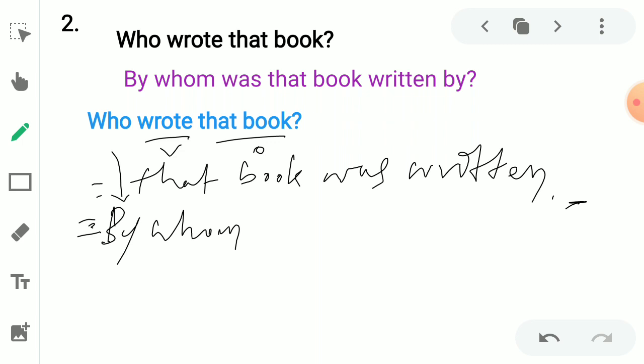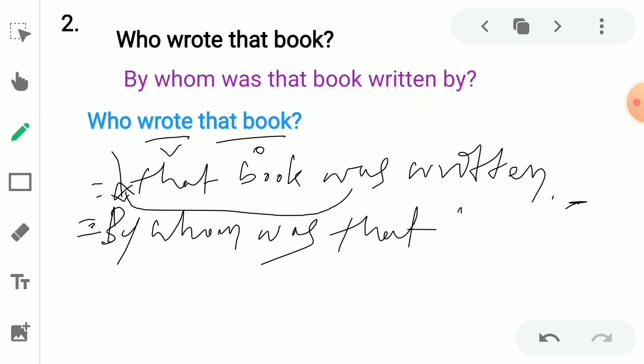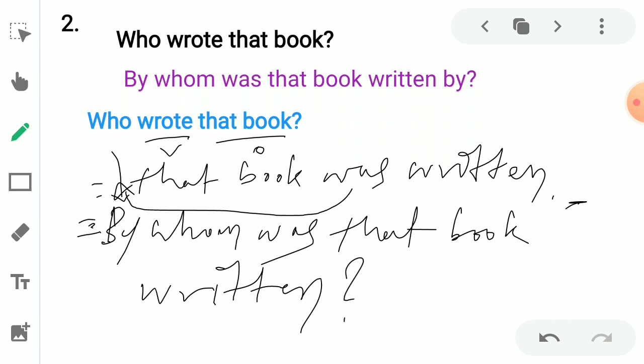Next, you have to take was at the beginning of the sentence in the second step. By whom was that book written? Put a question mark here. So this is another form to write the statement.